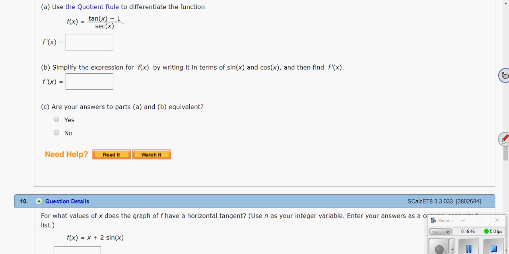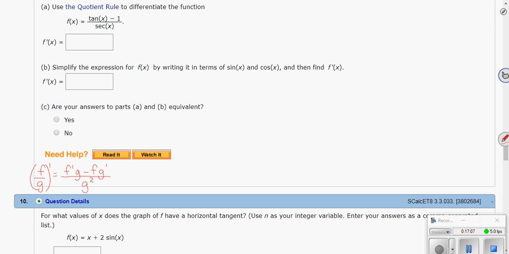So if we're using the quotient rule, remember our quotient rule. Let me give you a reminder down here maybe. Okay, quotient rule. If I have f over g prime, that is f prime g minus f g prime over g squared.